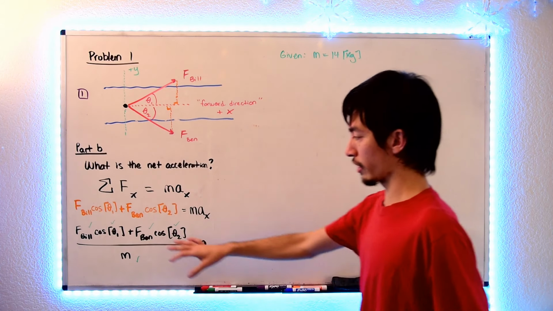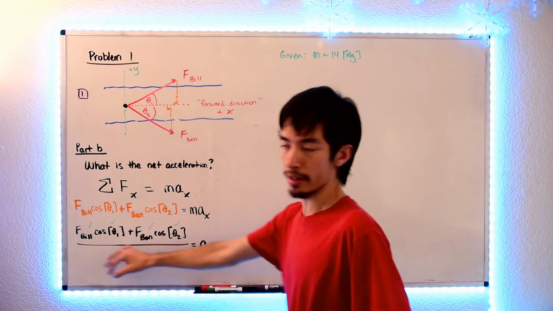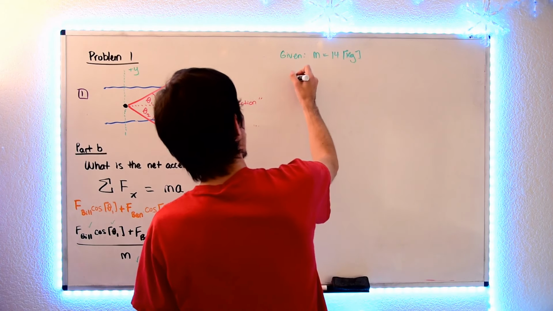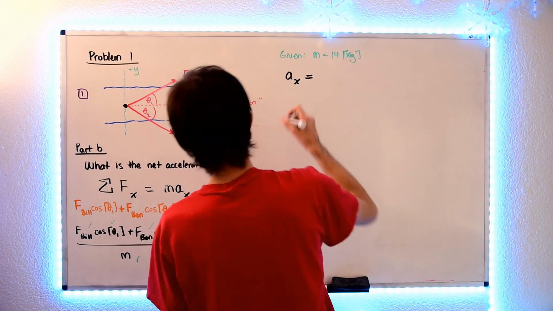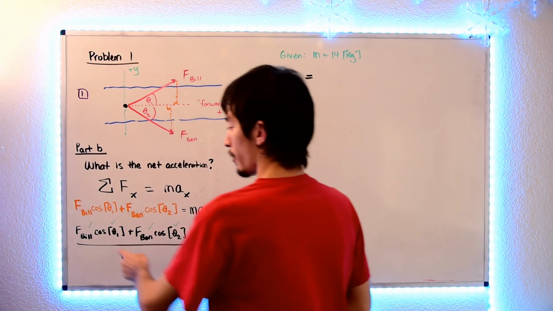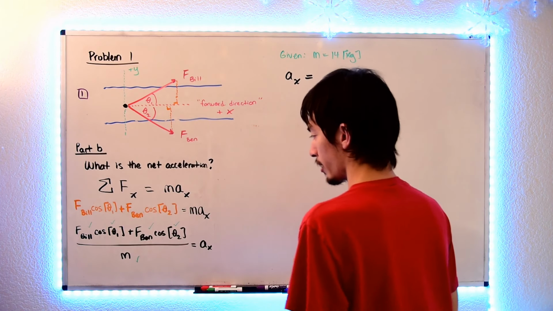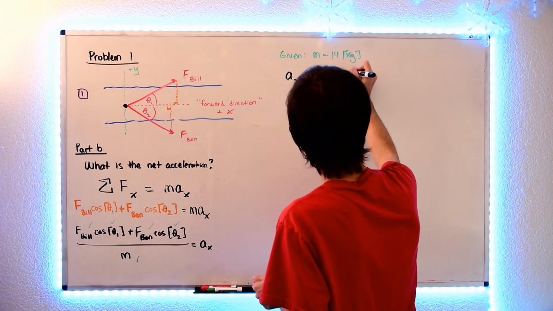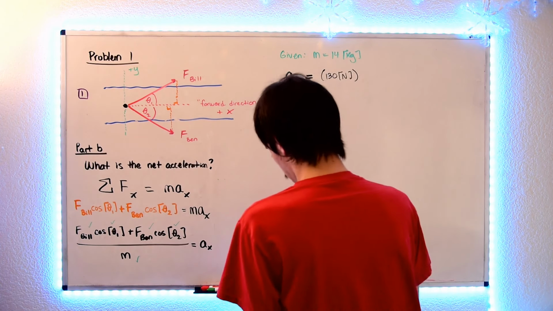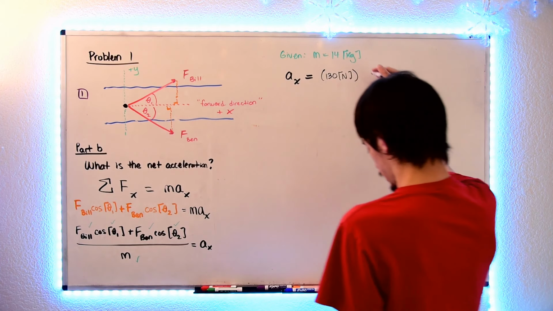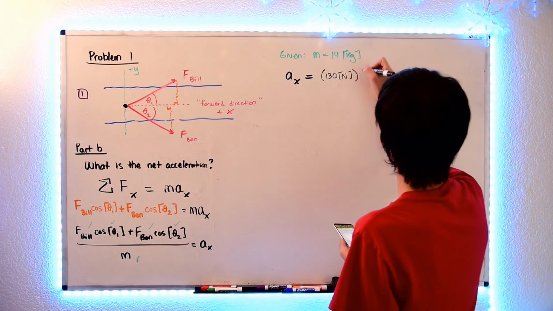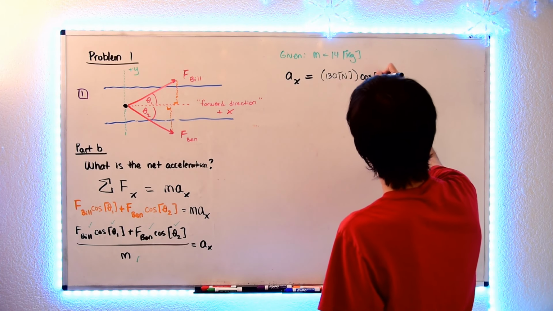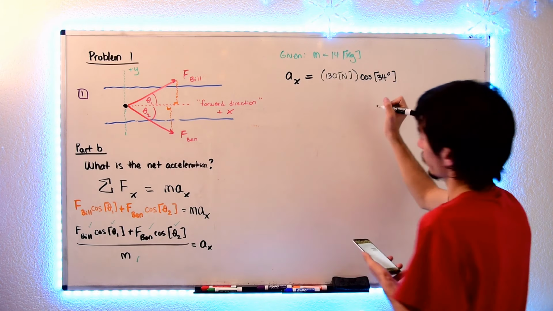with that, all we're going to do here is just plug in to all this since we have everything. So the acceleration in the x direction equals force from Bill was provided. Force from Bill was 130 newtons. The angle that it was aimed at was 34. So we do cosine 34.